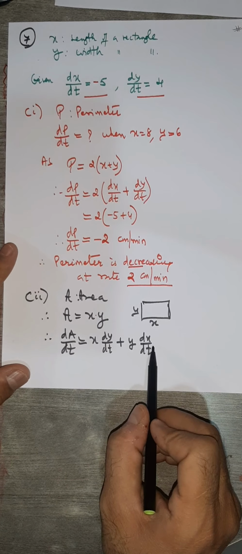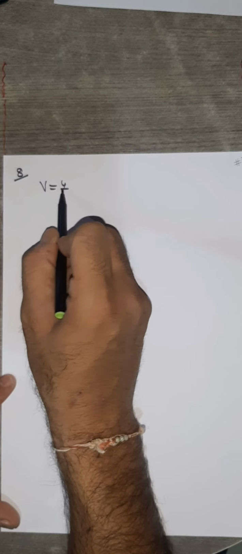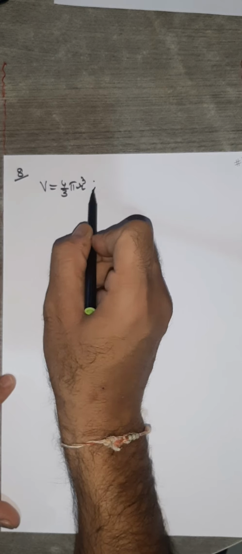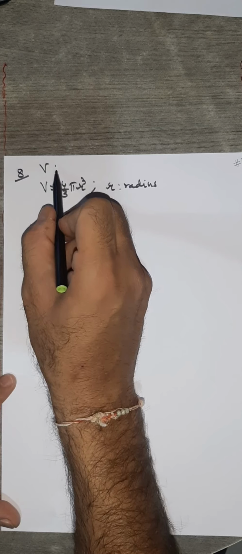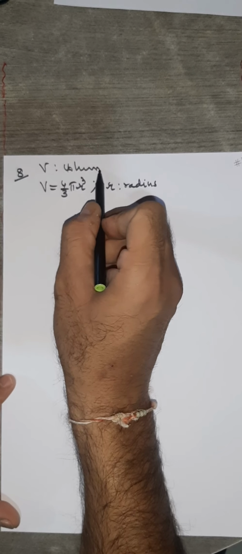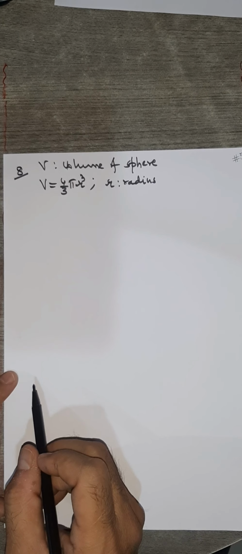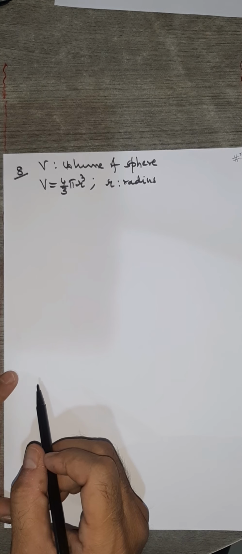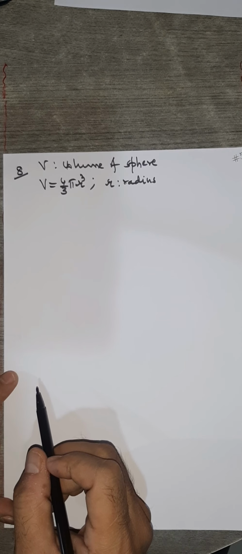So in the next question, a balloon which always remains spherical. So it talks about a sphere. Let's write here the volume of the sphere, which you know is 4 by 3 pi r cube, where r is the radius and V is the volume of the sphere. Now it is being inflated by pumping in 900 cubic centimeter of a gas per second.